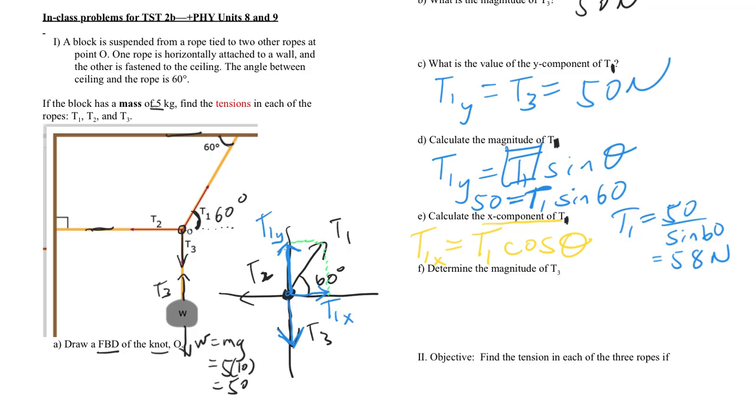I have T1 now. So that's 58. Remember, I just found T1 times cosine of 60. That equals 29 newtons.